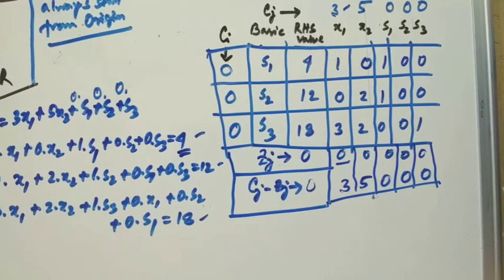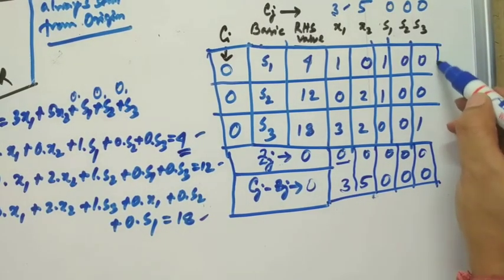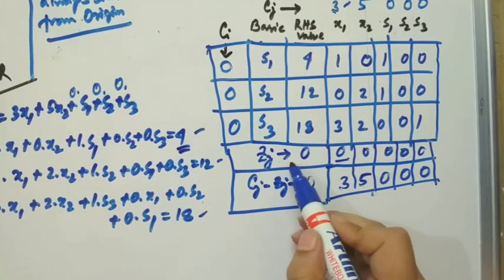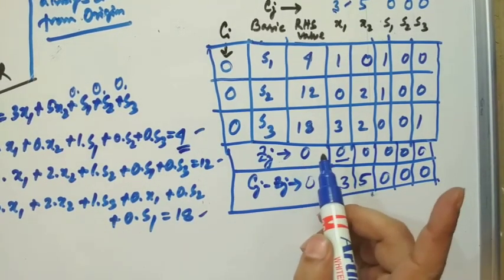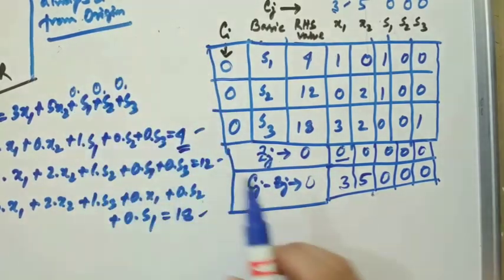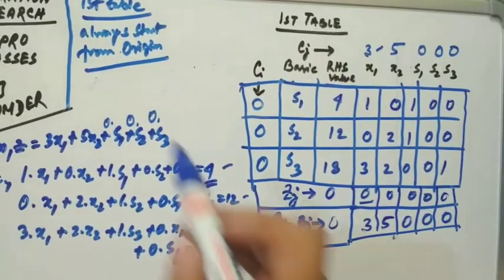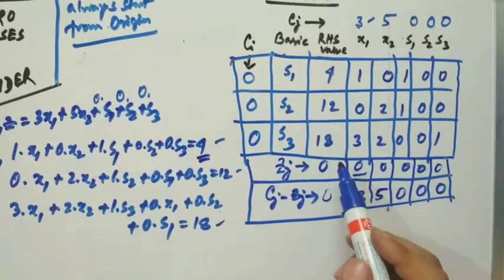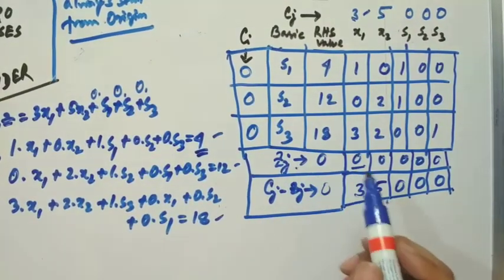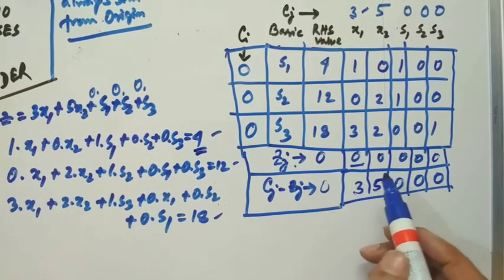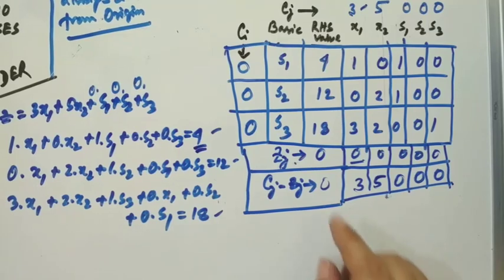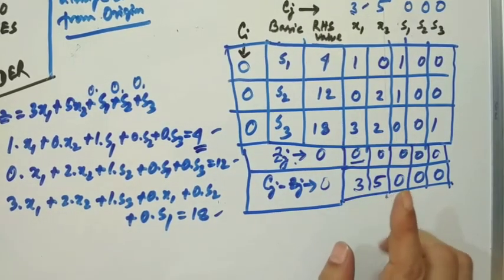Now the next step says, in the first table you can see the Zj value is 0. As I was telling you earlier, in the graphical method also they start from the origin. So similarly in the simplex method also they will start from the origin. So Zj value will be 0. Okay. Now we have to check whether this table is optimal or not.